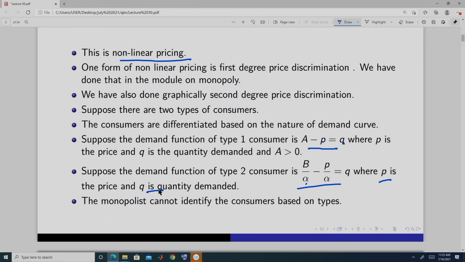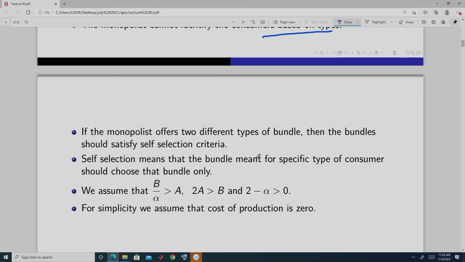Now, the monopolist cannot identify these buyers. It knows that there are two types of buyers, but it does not know who is type 1 and who is type 2. So, it will design the package in such a way that there is something called self selection.